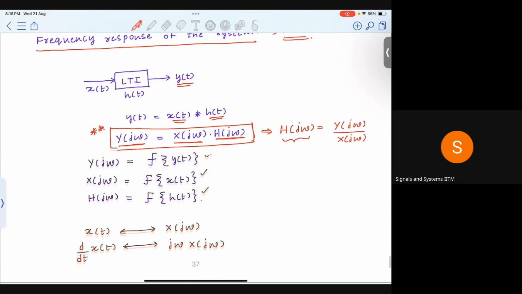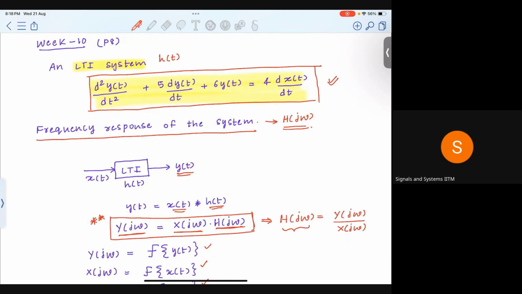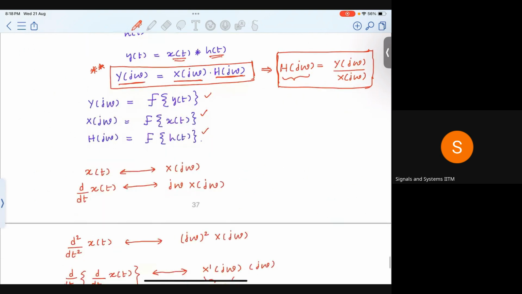Now, from the given system relationship, we have to find this response. So how do we find it? We know certain things. If x of t has the Fourier transform X of j omega, then differentiating the input signal adds a factor of j omega in front of the frequency representation of the input signal.